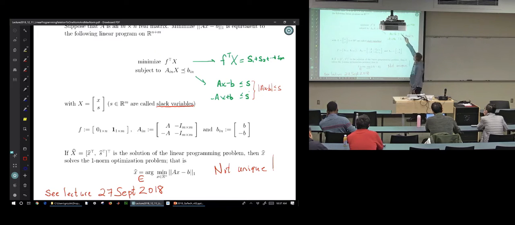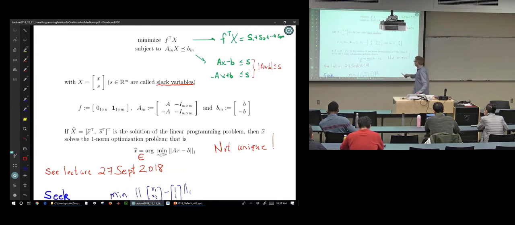So to satisfy this, S has to be non-negative because AX minus B is less than or equal to S and minus AX minus B is less than or equal to S. Okay, so when you have that, that tells you how you choose the cost function.